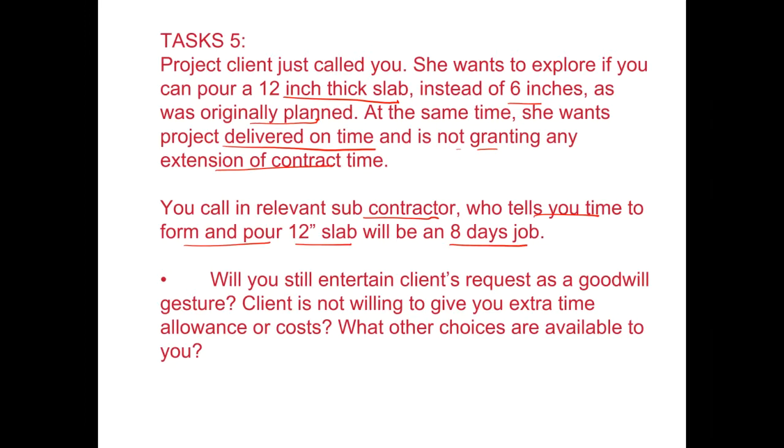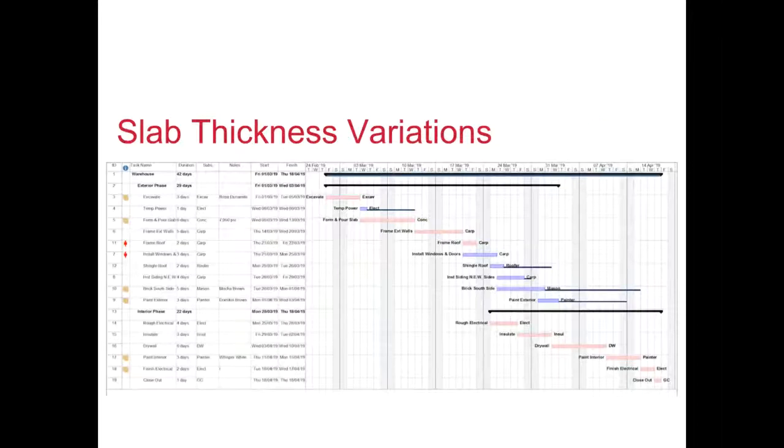So if we check our bar chart and have a look at forming and pouring of a slab, this is a software output. So we are in a situation where client is not granting us any extension and they're still wanting us to do forming and pouring of slabs, which is this activity.